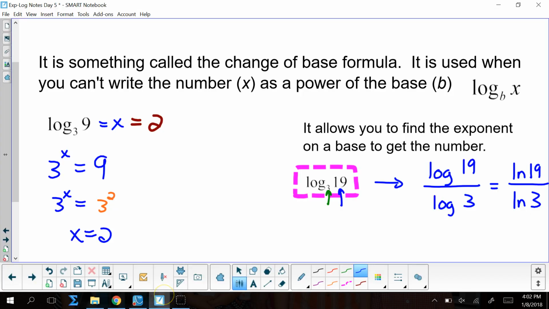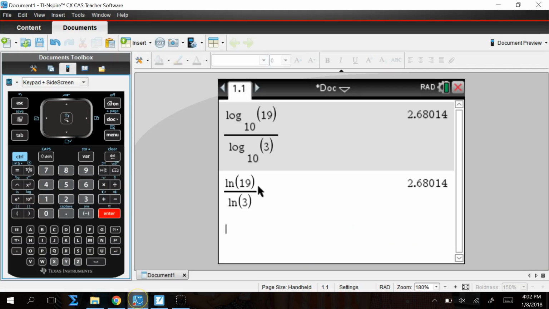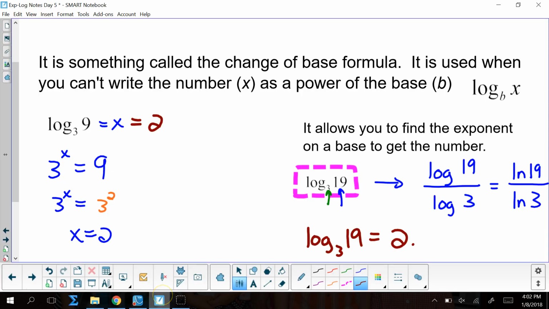Oh, come on now. There it is. So this here, log base 3 of 19 is 2.68014. Okay?